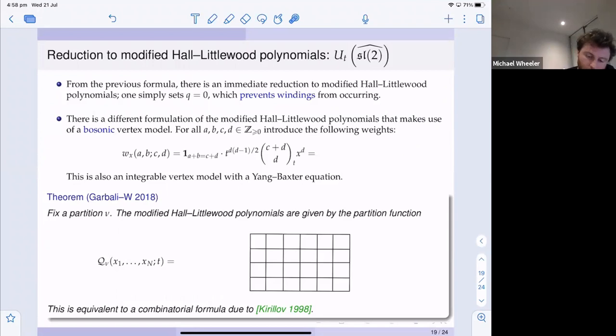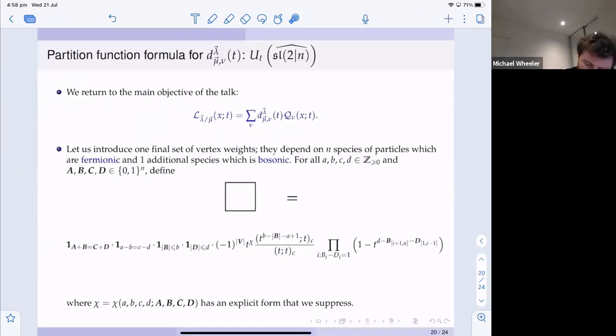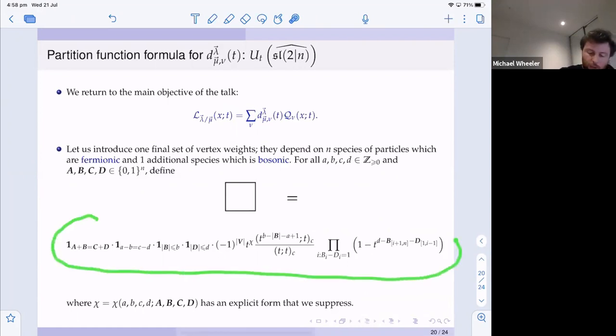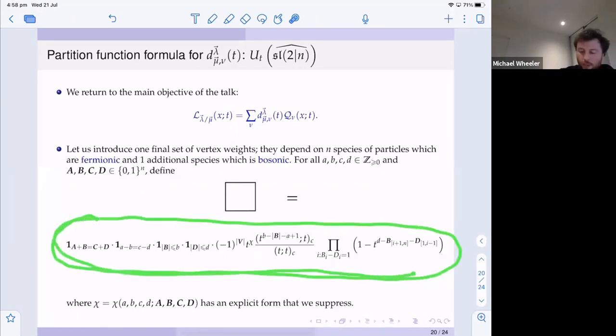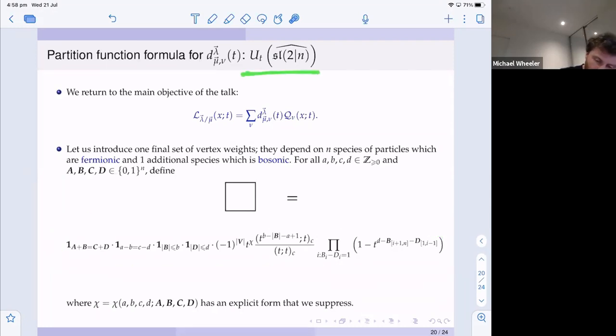Okay, so just a reminder, we're interested in computing these coefficients here. And we can do it by making use of a vertex model where you have these weights. I won't say anything about where these weights come from. But underneath this, there is effectively a vertex model that is based on this quantized affine Lie superalgebra.